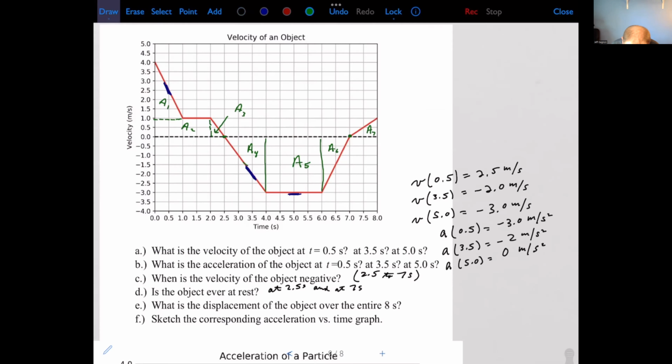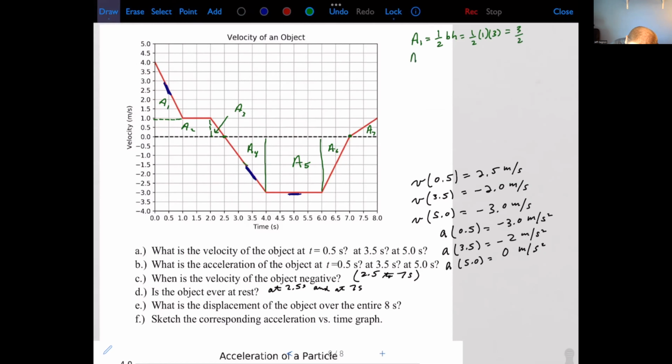All right, so A1. It's a triangle, right? So it's 1/2 base times height. It looks like the base is 1 in this case, and the height is 3. So this is going to be 3/2.